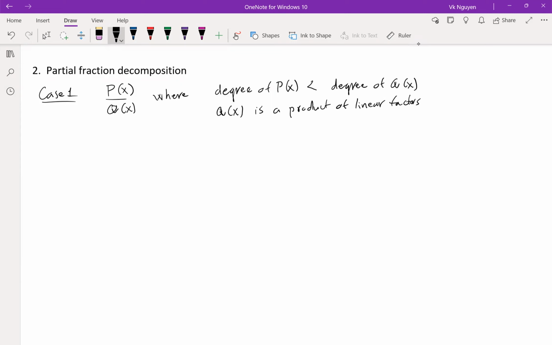Then we can split the fraction out using partial fraction decomposition.